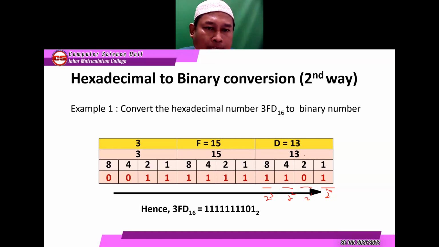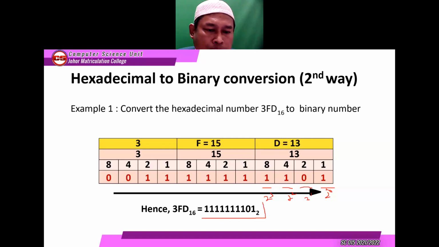How to get the answer for 13? So 1, 1, 0, 1. This is 13. So the answer for 3FD based on 16 in binary numbers is 1111111101 based on 2.